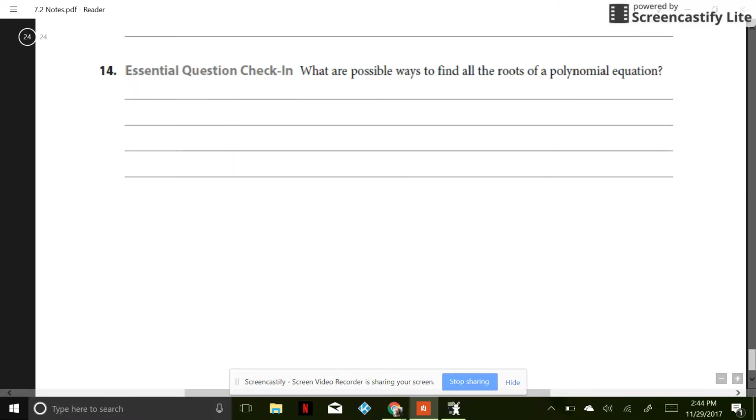So what are the possible ways to find all the roots? It's really best to factor if possible right away. That'll tell you what some of your roots could be. Like we did before, I remember I said if we saw an x that could be factored out, that told me there's going to be a 0 at 0. So that was an easy way. So factor if possible. And then you find the rational roots on your calculator.